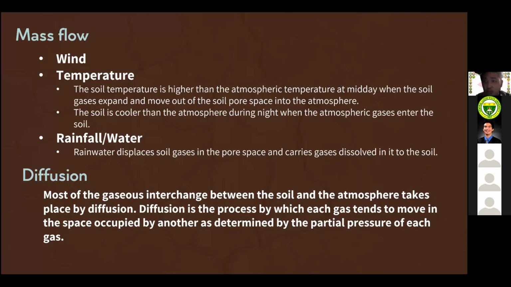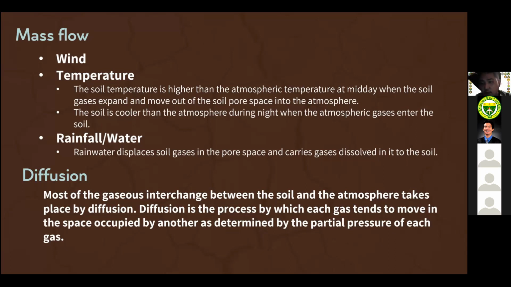Then temperature. The soil temperature is higher than the atmospheric temperature at midday when the soil gases expand and move out of the soil pore spaces into the atmosphere. Then the soil is cooler than the atmosphere during the night when the atmospheric gases enter the soil.